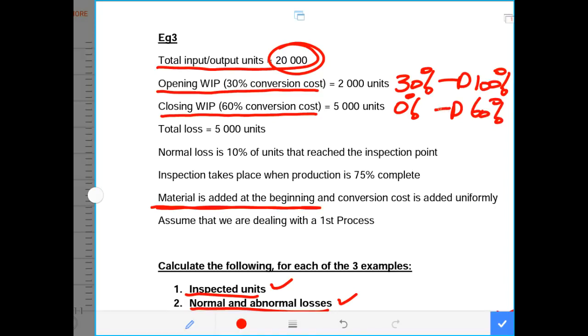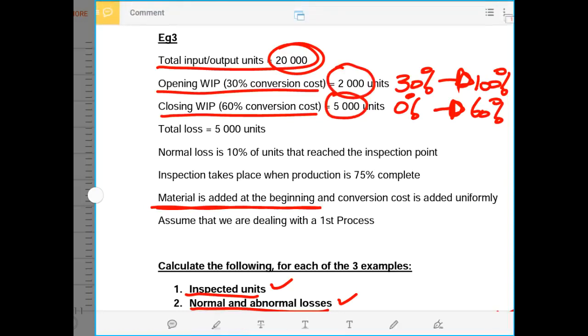This will help us when we are determining the units that pass the point of inspection. If those units did pass the point of inspection, then we don't do anything, but if not, we deduct the units that did not pass the point of inspection. Opening units that were 30% complete were 2,000, and closing stock that was 60% complete was 5,000 units.